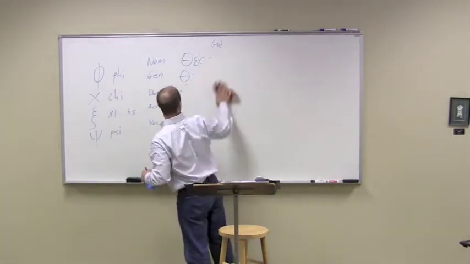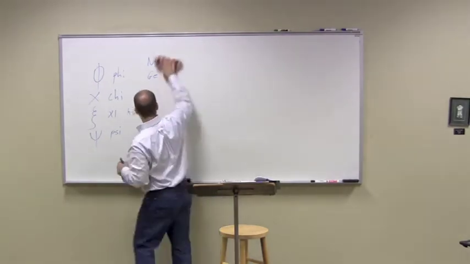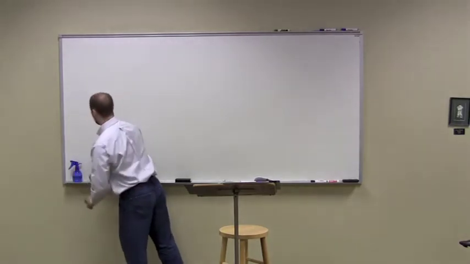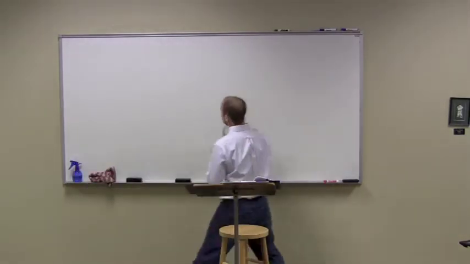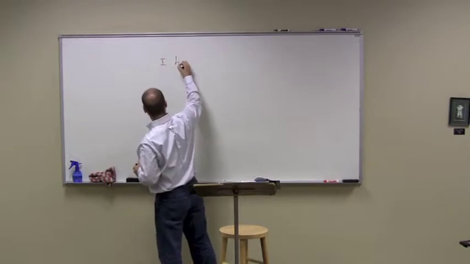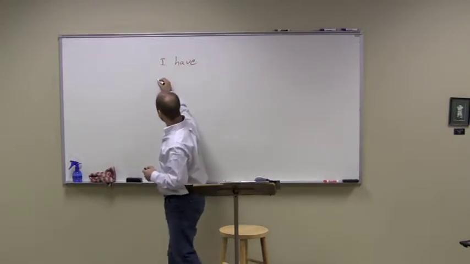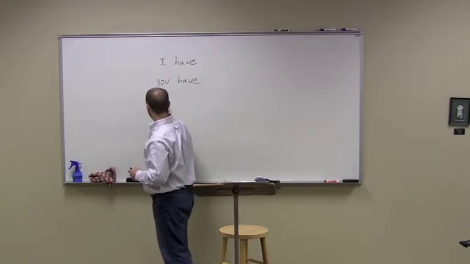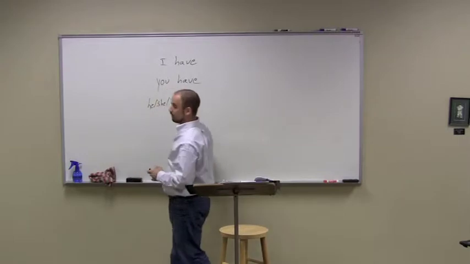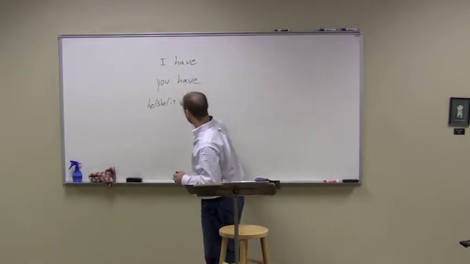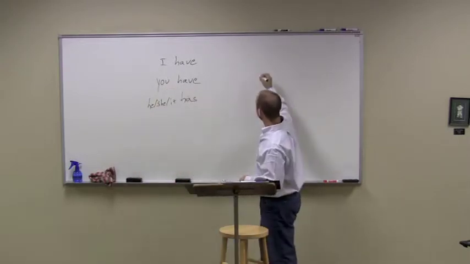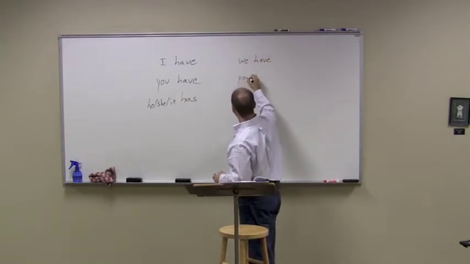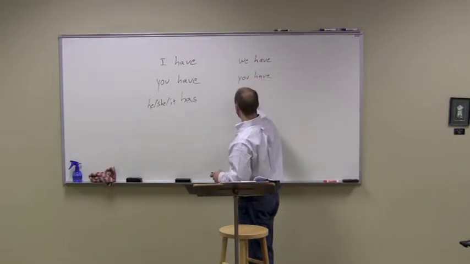So your English verb have is pretty easy to remember as you go through your conjugation because you have: I have, you have, he, she, or it, now here's the one little anomaly in English, has; we have, you have, and they have.